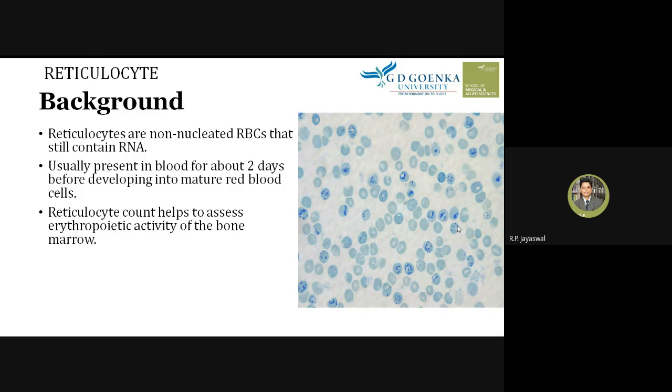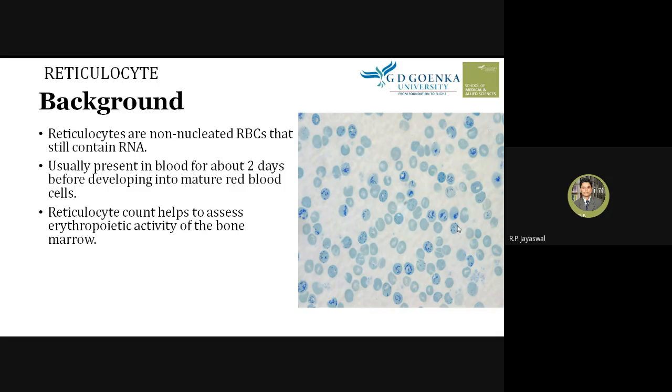The bone marrow is the place where blood cells are produced, basically RBC, WBC, and platelets. All blood cells are produced in the bone marrow, and the process of formation of red blood cells is called erythropoiesis.